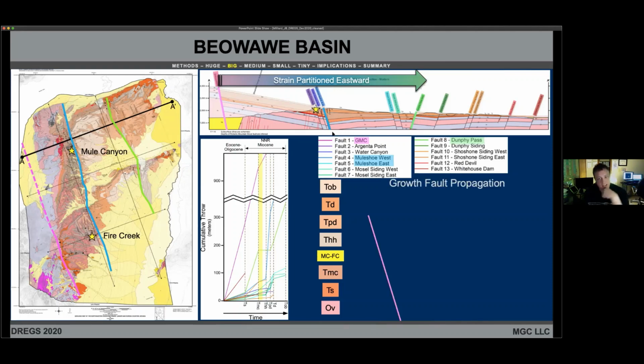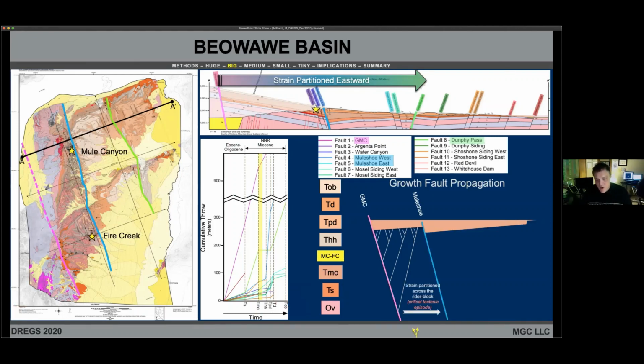And the best way to visualize that, I'm not a Pixar animator by any means, are these simple animations to visualize what's going on through the developmental history of the structural basin.